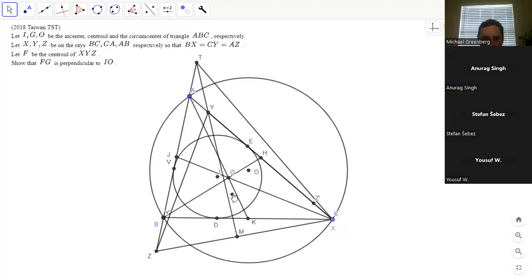So F would be a third of x plus y plus z. And I wonder if that reduces to a vector calculation. Let me write it in my notebook. But we just want to show TY is parallel to FG, right?